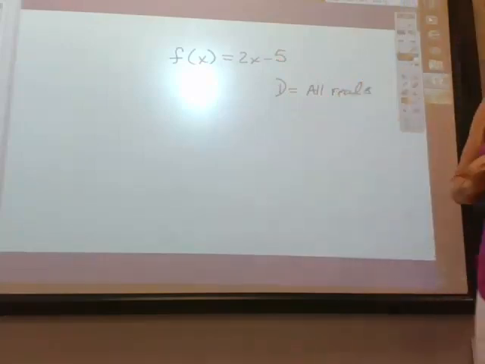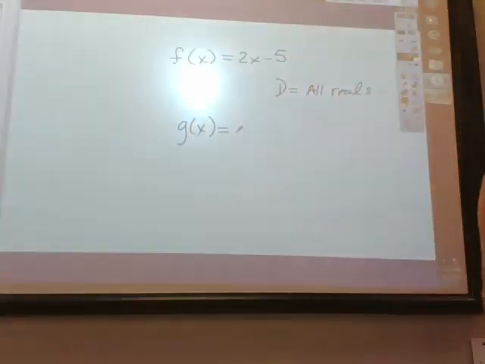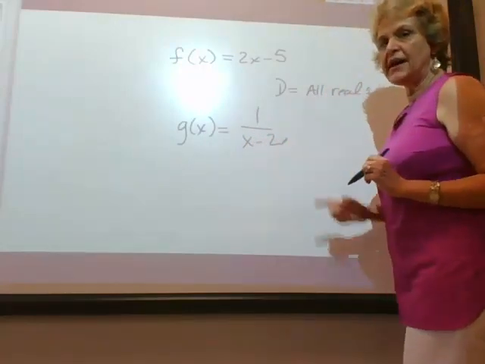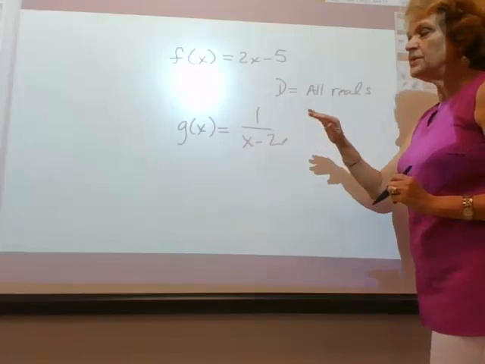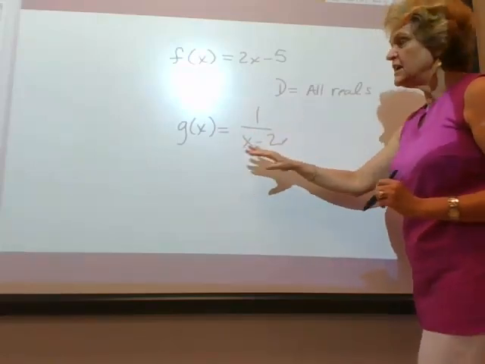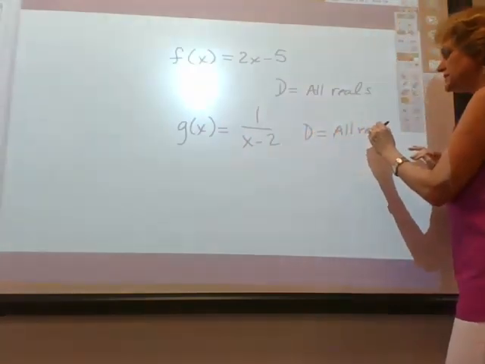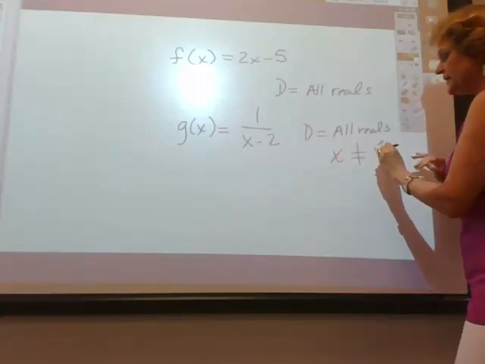Example 5, g of x equals 1 over x minus 2. All right, here we have a variable in the denominator. We're not allowed to let our denominator be 0. So this domain would be all reals except x cannot be 2.